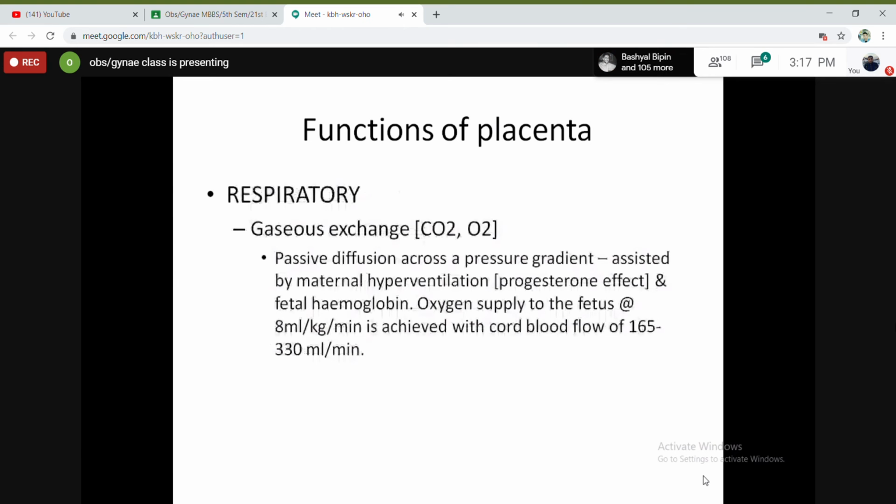So respiratory function: gas exchange takes place through the placenta, and carbon dioxide and oxygen get exchanged in the placenta by passive diffusion along the pressure gradient. Oxygen supply to the fetus occurs at the rate of 8 milliliter per kg per minute, and is achieved by a cord blood flow of 165 to 330 ml per minute.